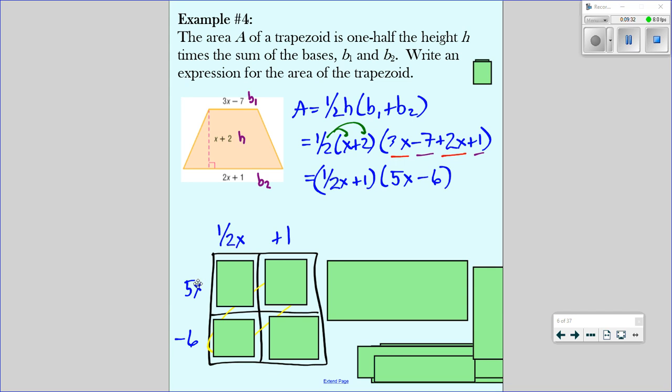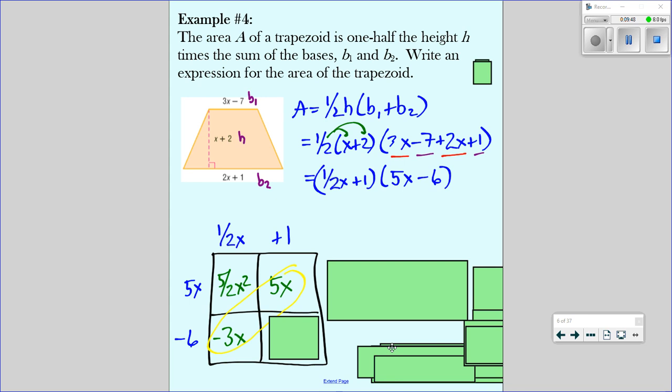So the half and the x and the 5x, they meet here. So that will give me 5 over 2, x squared. Then I have 1 times 5x, which would give me 5x. Half x times negative 6. So basically half of negative 6 is negative 3, and it's negative 3x. And then the last one, negative 6 times 1, gives me negative 6. Notice that negative 3x and 5x I can combine.